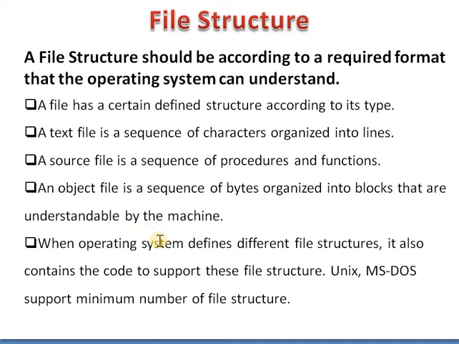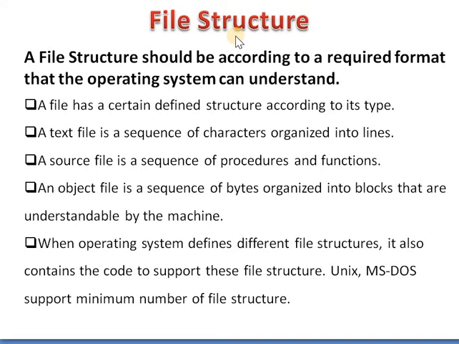Some files store data plainly, that means characters or numbers are stored one by one. In other types there might be different arrangements made for the file system. So a file can be structured in different ways, and there are some common possibilities. There are mainly three types of file structure followed by the operating system.